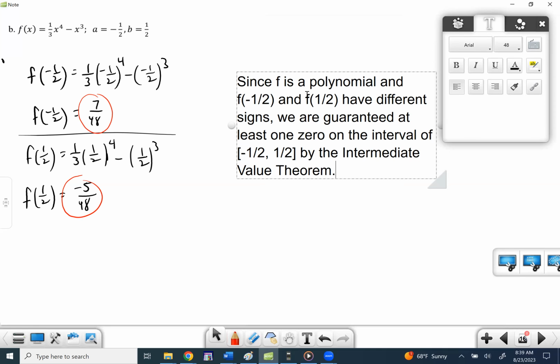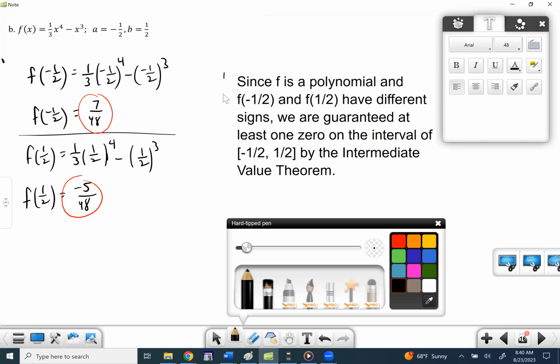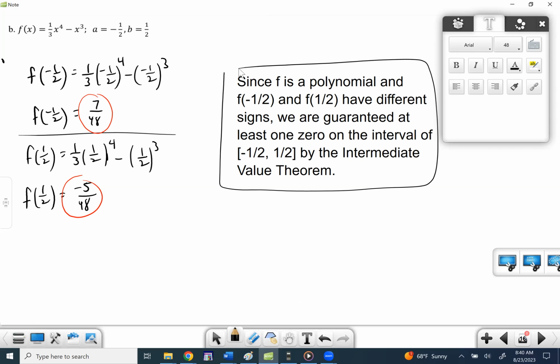So that's a pared down version of the intermediate value theorem, but it's good enough for what we're doing here, especially because we're talking about polynomials. So we might as well state it that simply.